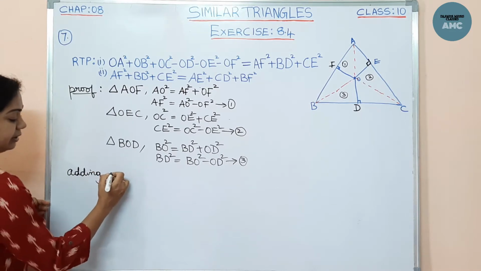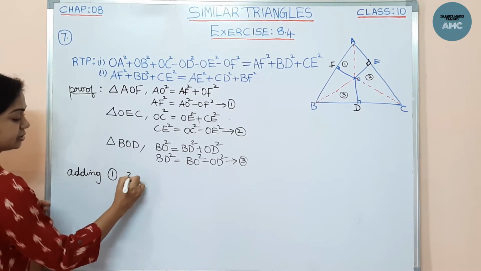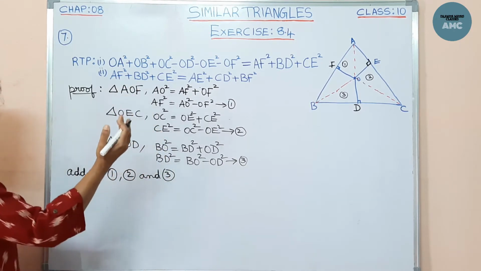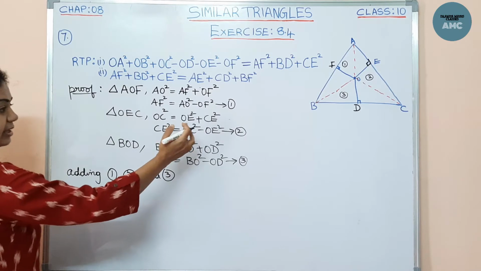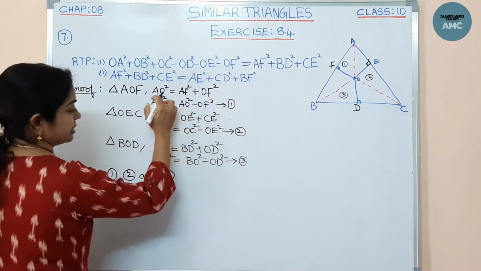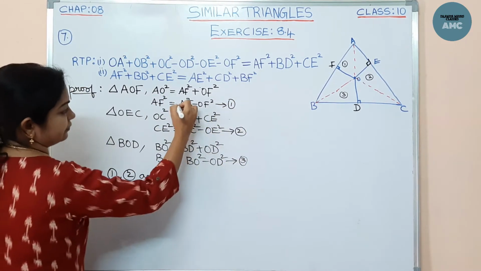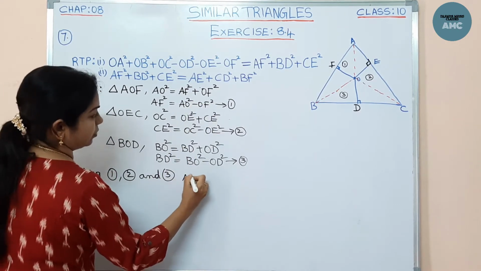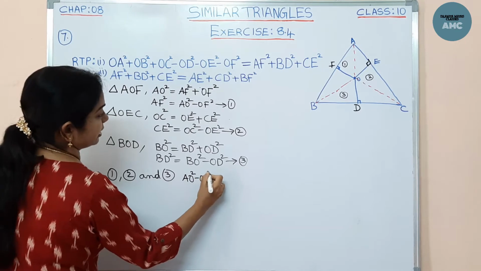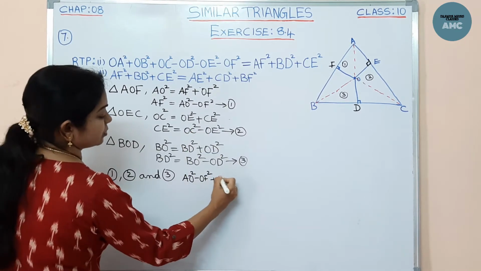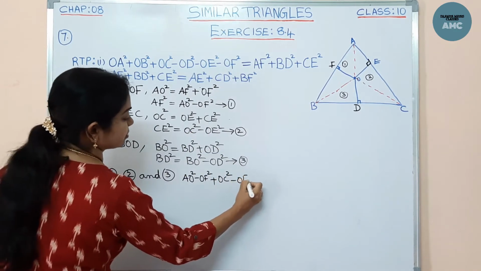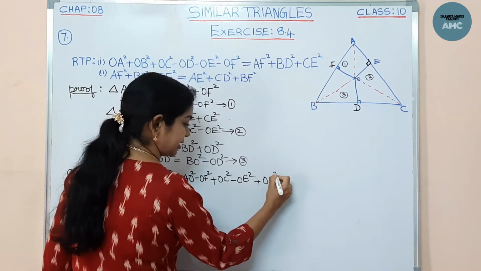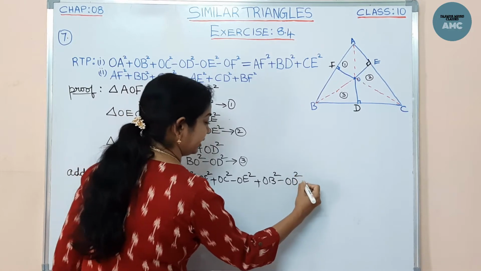Adding the first, second and third equations. Now adding LHS part and RHS part. These three equations I'm adding. If you add this, I'll do the RHS first: AO square minus OF square, plus the second one, OC square minus OE square, plus the third one, OB square minus OD square, is equal to.